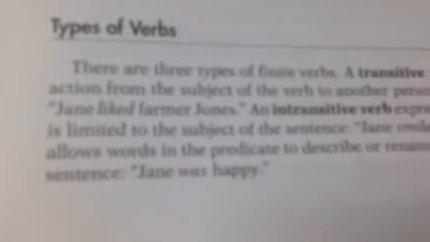Jane smiled. Now, a linking verb allows words in the predicate to describe or rename the subject of the sentence. Jane was happy. And was, of course, is a form of to be. The most common linking verbs in the New Testament are eimi, ginomai, and huparcho.